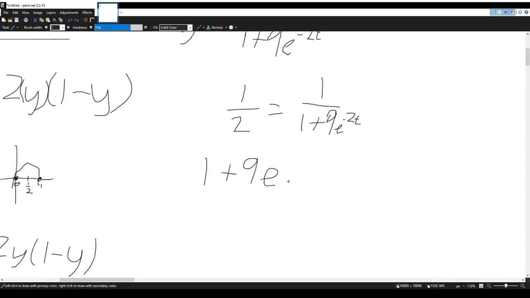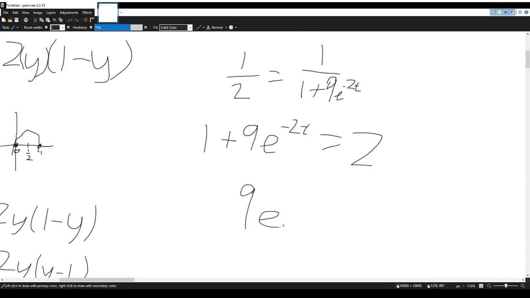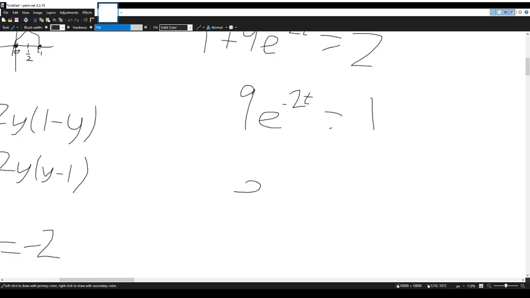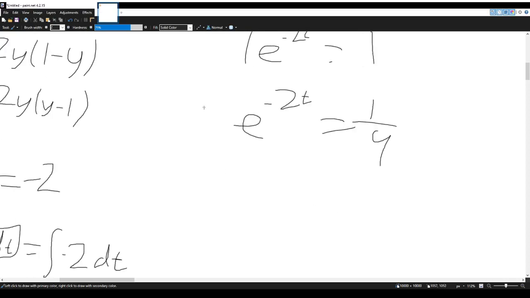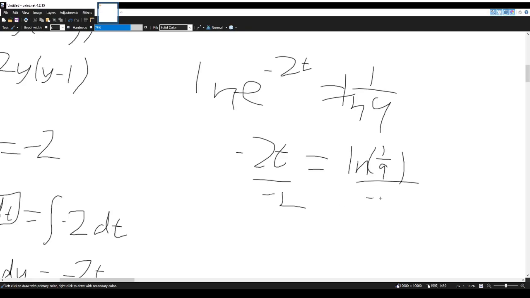So, get rid of the denominators, 1 plus 9e to the negative 2t equals 2, 9e to the negative 2t equals 1, e to the negative 2t equals 1 over 9. Natural log of both sides gives negative 2t equals the natural log of 1/9.